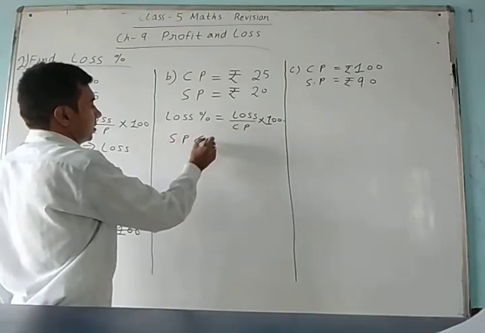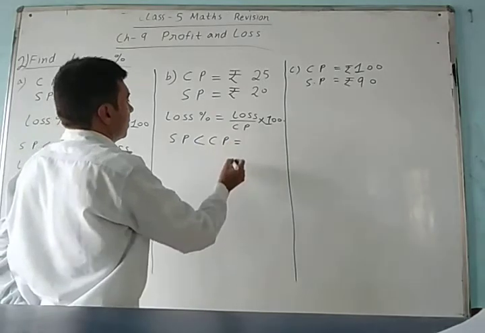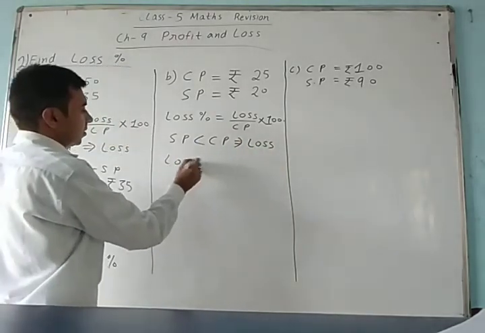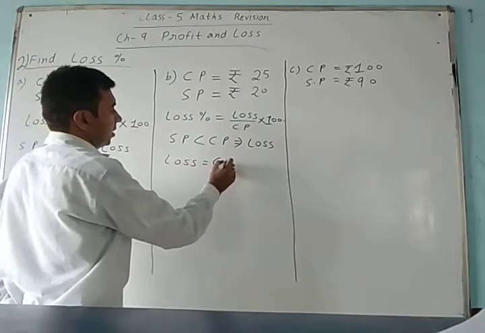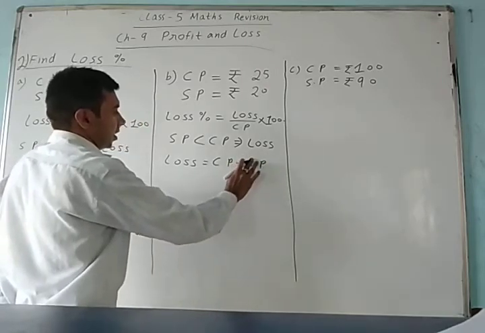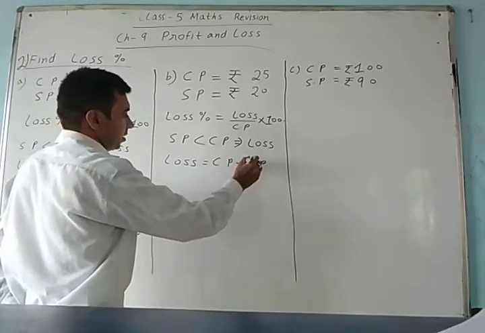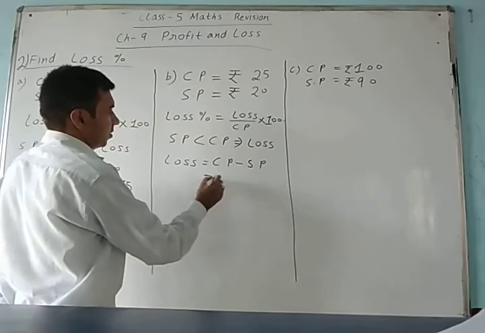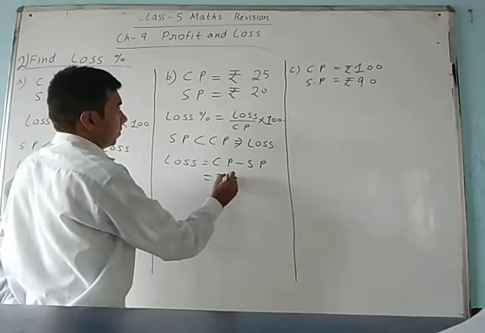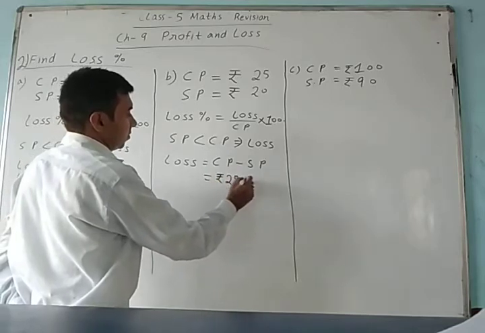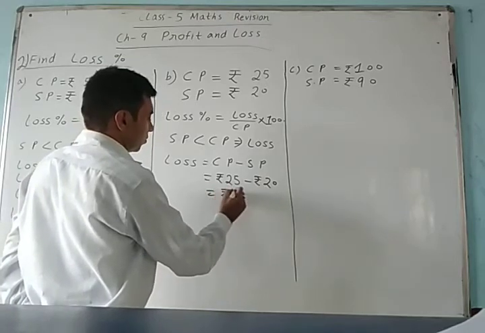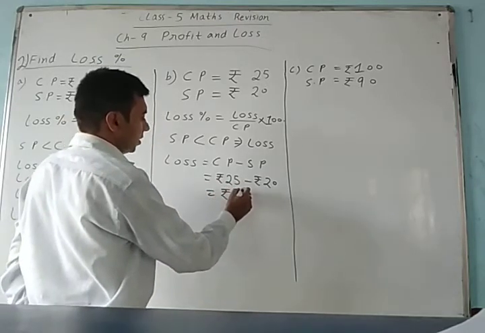Selling price is less than cost price, it implies it is loss. We find loss by CP minus SP, as I have explained in the previous video also. Now put the value: rupees 25 minus rupees 20, rupees 5.